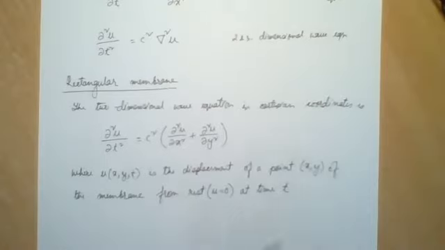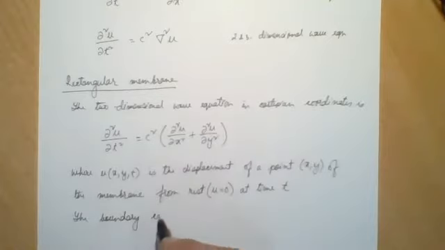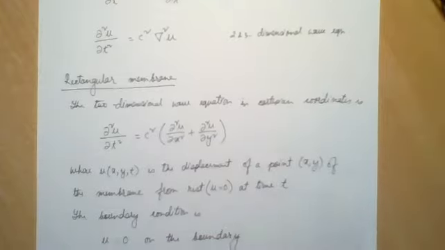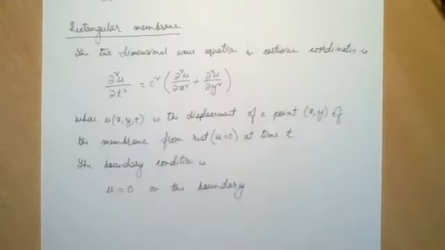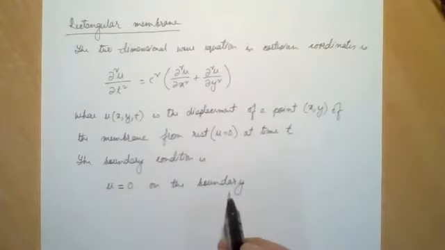And the boundary condition is u equal to 0 on the boundary of the membrane. The boundary condition is that there is no displacement on the boundary of the membrane.